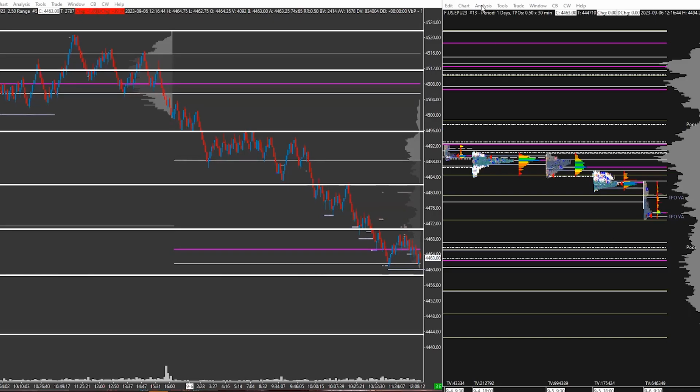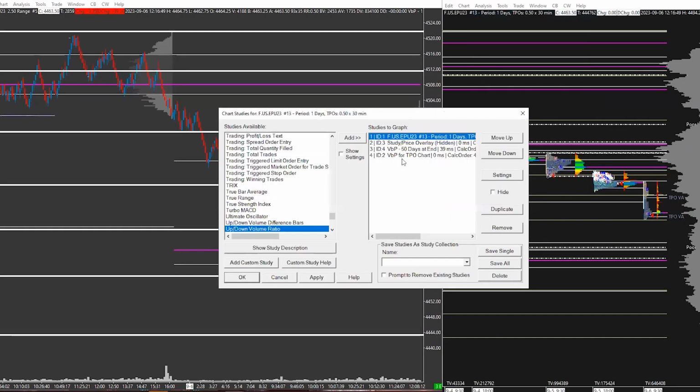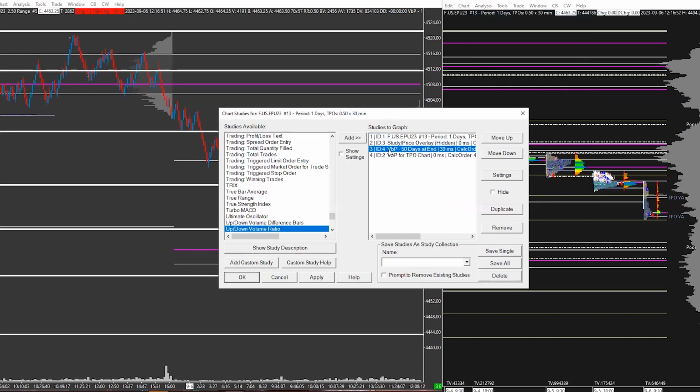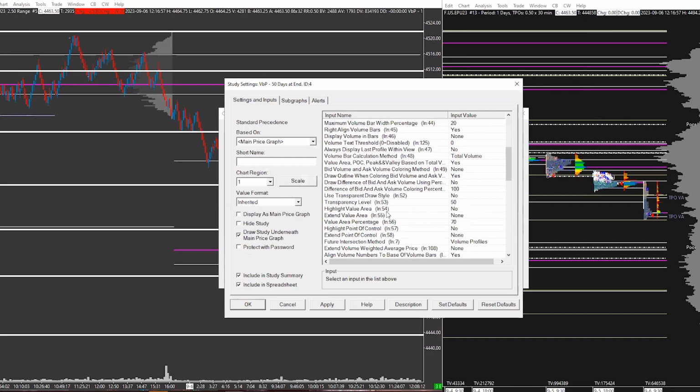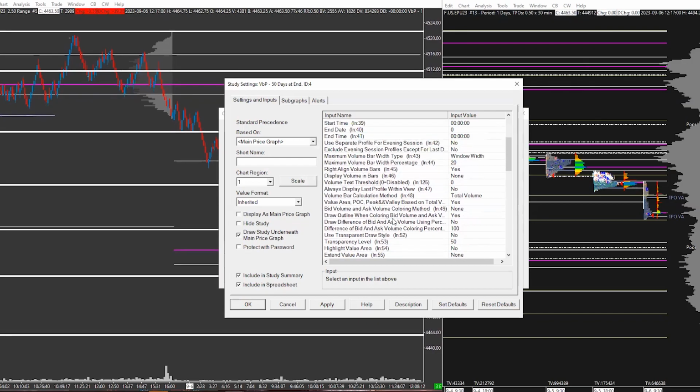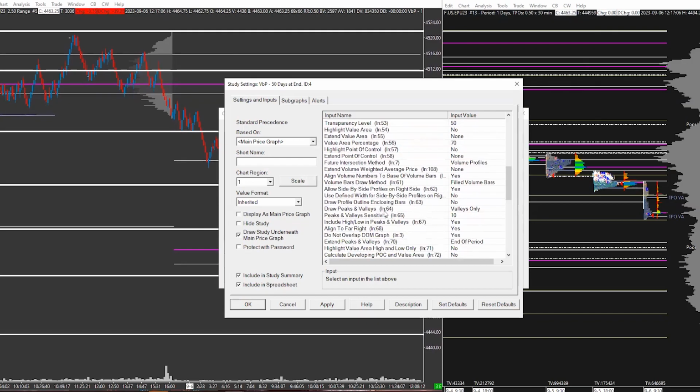If we go into our studies on Sierra Chart here, and I'll go into the 50-day volume profile, VBP 50 days, and I'll go into the settings. What I'm just going to do is find line 60-something. So I'll find line 64, draw peaks and valleys.